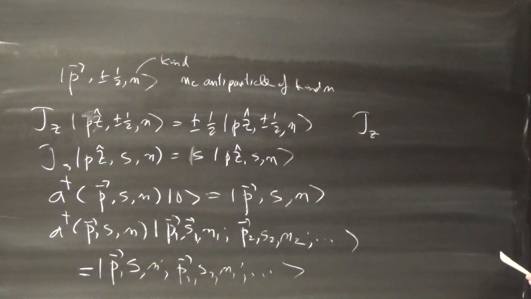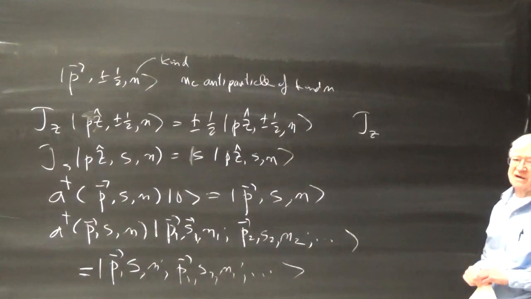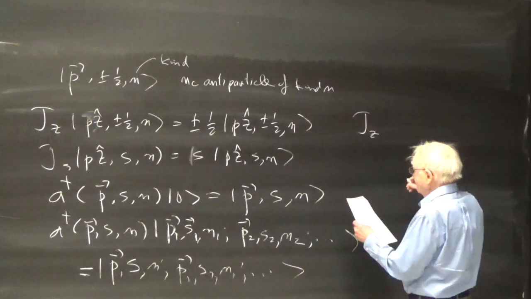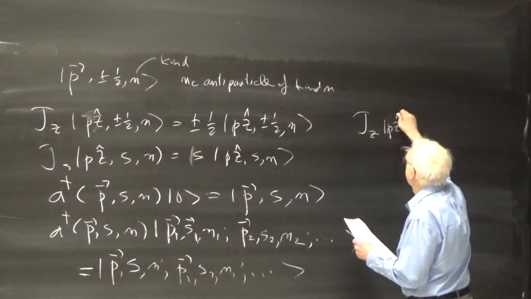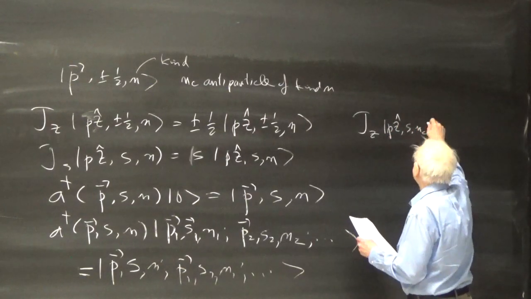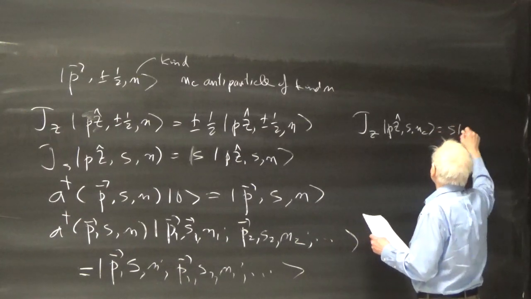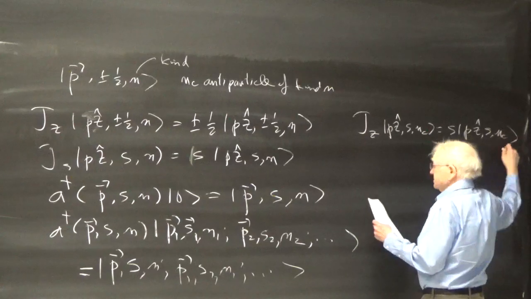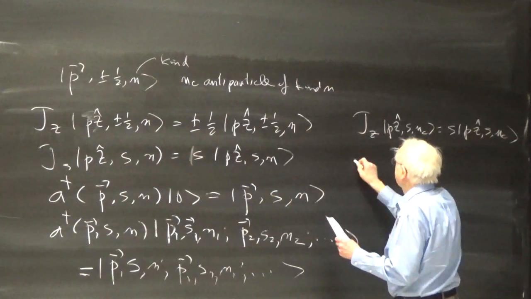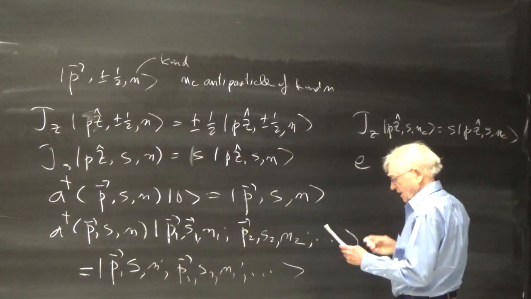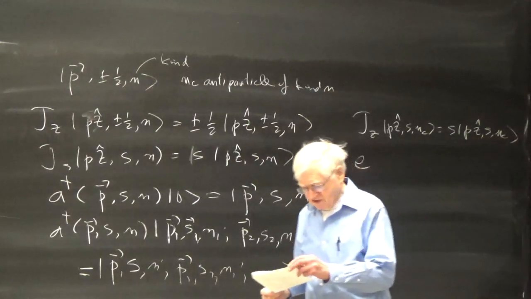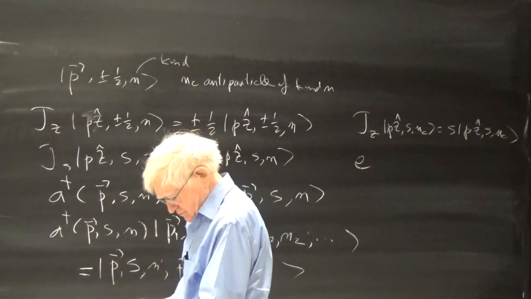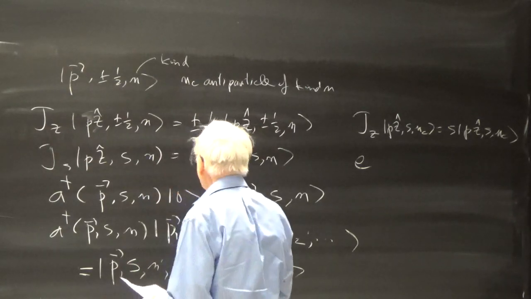In other words, if n is electron, n_c is positron. And these are then |p z-hat, s, n_c⟩. Let's see, I skipped an equation here.